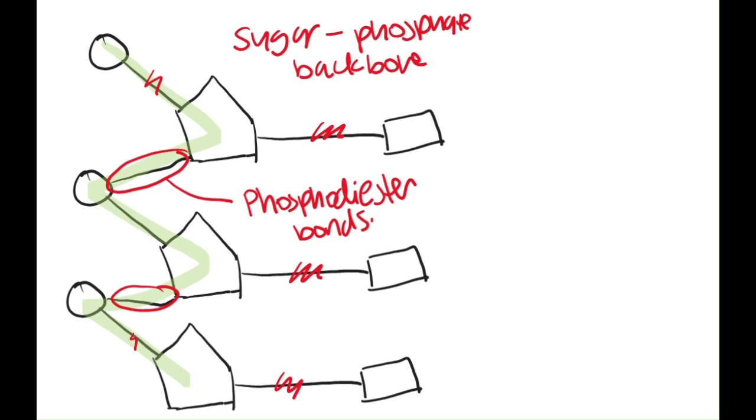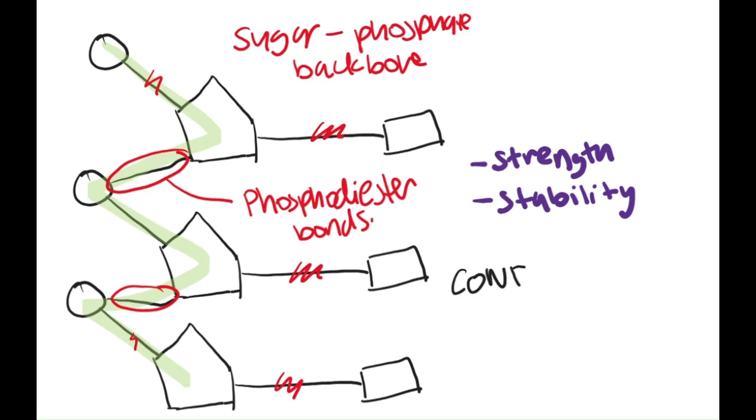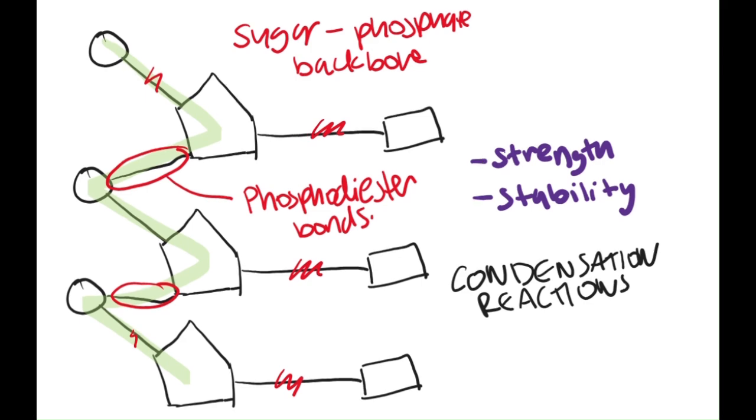And because of this, it gives the DNA double helix, the DNA structure, strength and stability. One more thing to note is that phosphodiester bonds, or the connection between these two nucleotides, are formed by something called condensation reactions. We're going to get into these reactions in another video.